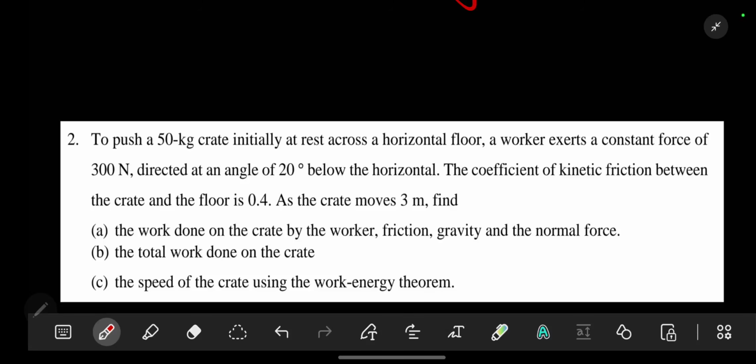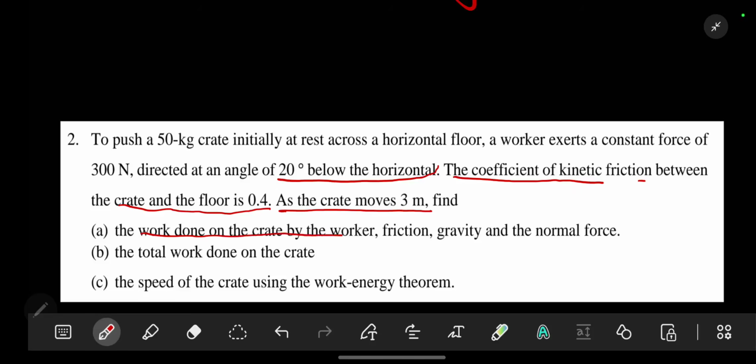This other one says, to push a 50 kg crate initially at rest across a horizontal floor, a worker exerts a constant force of 300 newtons directed at 20 degrees below the horizontal. The coefficient of kinetic friction between the crate and the floor is 0.4 as the crate moves 3 meters.